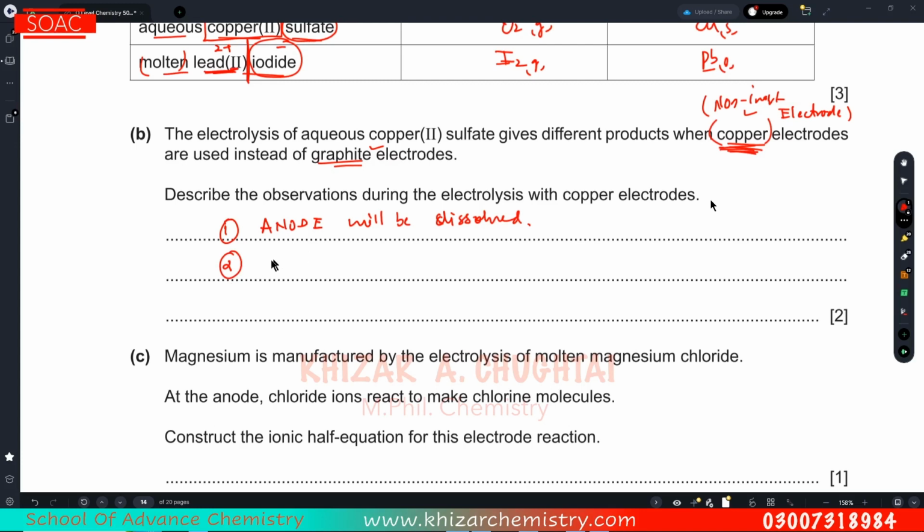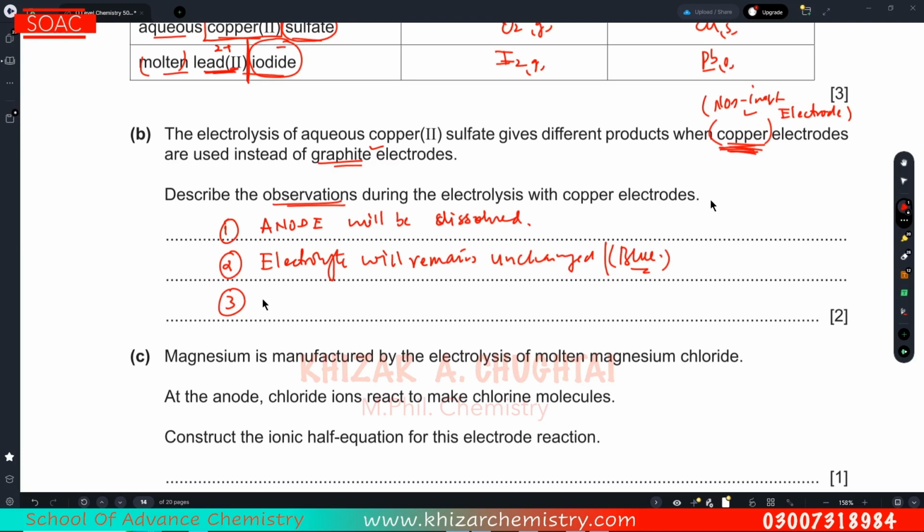Second, electrolyte will remain unchanged, or blue as it is.